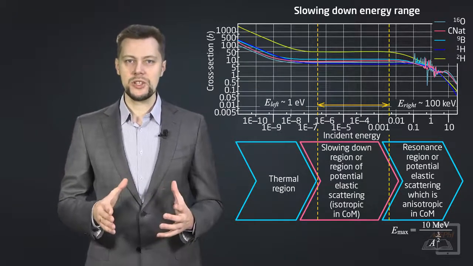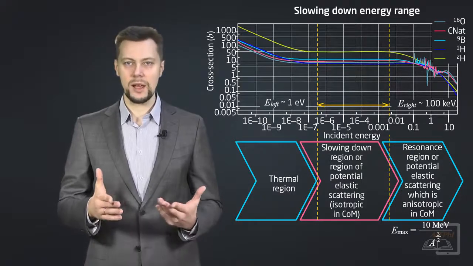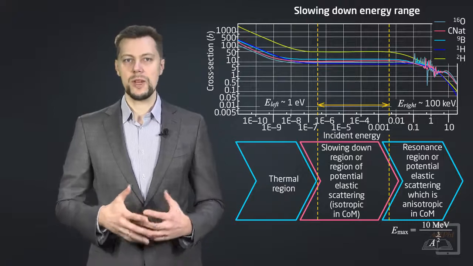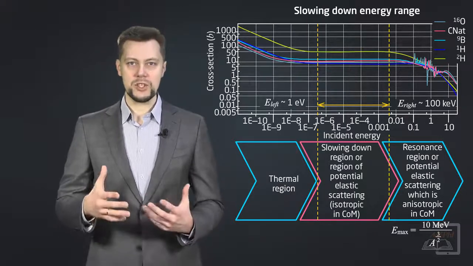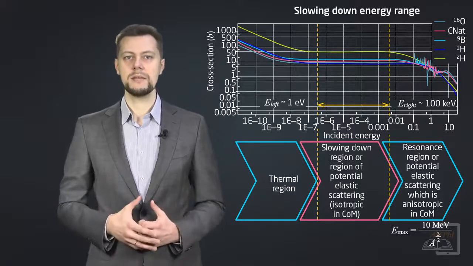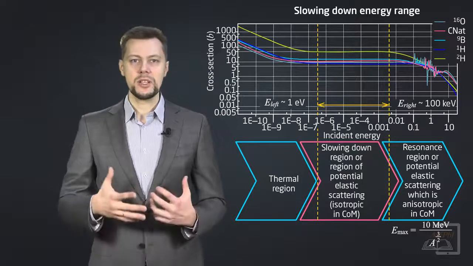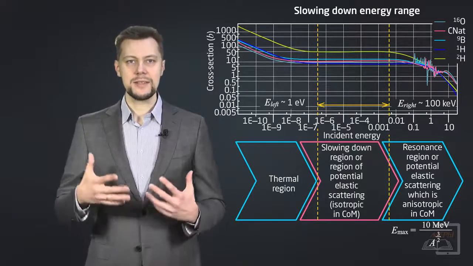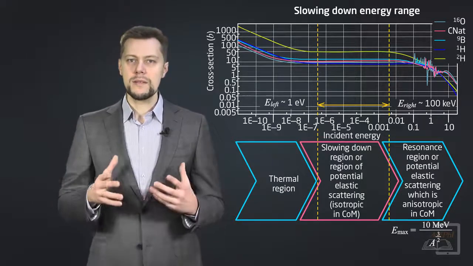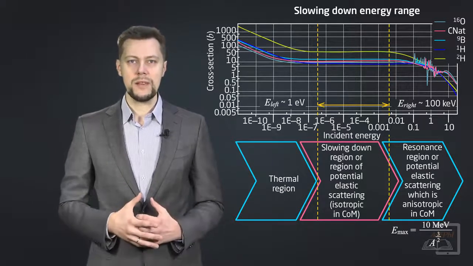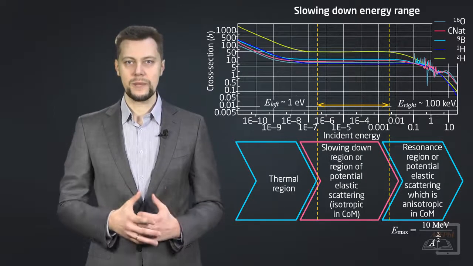The slowing down range is limited from the left by the thermal range, about 1 electron volt, and from the right, the first by the border of potential elastic scattering, and the second by the condition of isotropy of the potential elastic scattering in the center of mass frame. There is an assessment formula to define the energy of the beginning of potential elastic anisotropy.